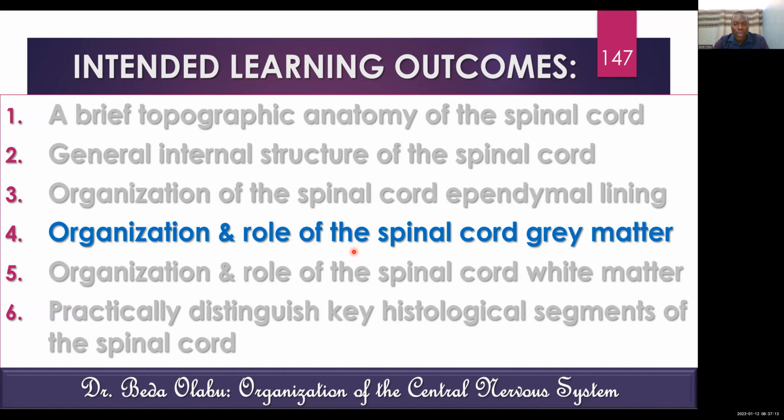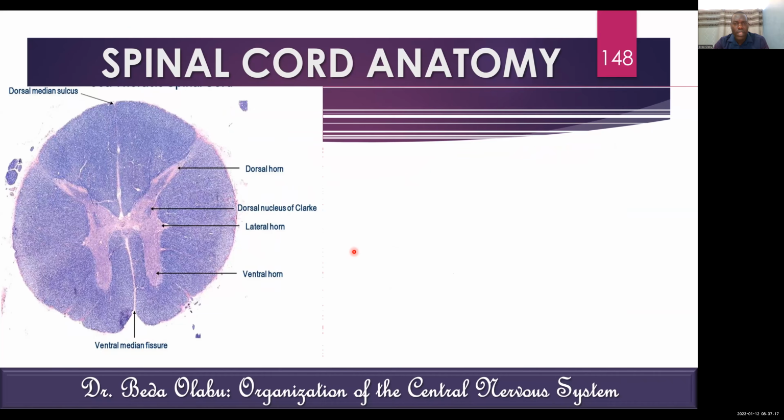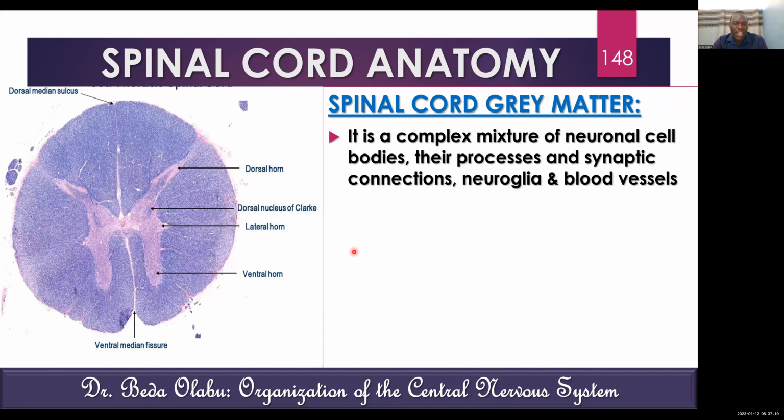Now let's talk about the spinal cord gray matter. The spinal cord gray matter is a complex mixture of cell bodies of neurons, the processes of these neurons, their synaptic connections, as well as some blood vessels and supporting cells of the nervous tissue.